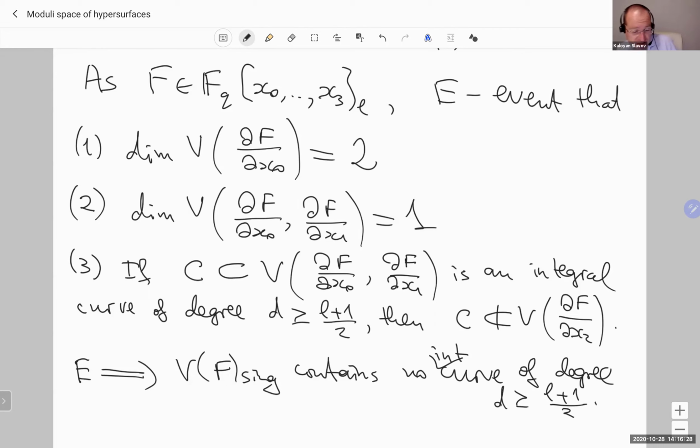We want to exhibit a large supply of polynomials f so that V of F singular contains no integral curve of degree D greater than or equal to L plus 1 over 2. And whenever the event E takes place, that's it. There is no chance for an integral curve of large degree to be contained in the singular locus, just looking at 1, 2, and 3, the 3 bullet points.